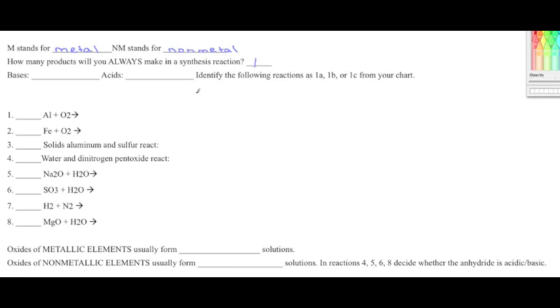Now, just to clarify, I'm going to give you a little bit of background about bases and acids, because I'm introducing them for the first time in this video. Bases are compounds that end in OH.